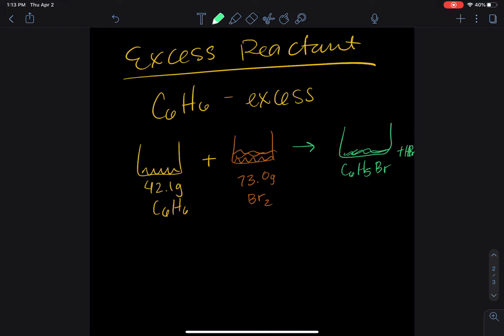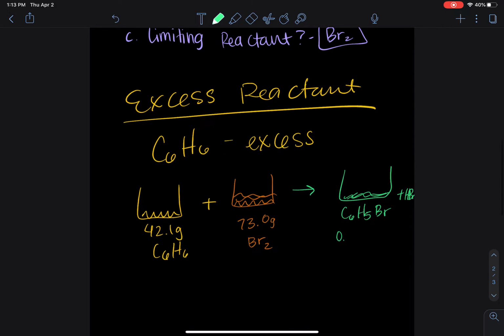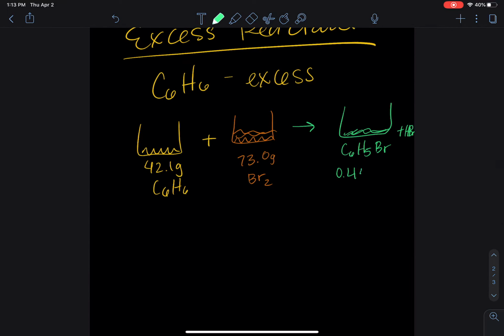So I want you to picture this with me. Imagine weighing out 42.1 grams of benzene and then weighing out 73 grams of bromine, and then adding them together, and you get this brand new product over here, okay? But we found that this 73 grams of bromine will only make 0.456 moles of the product.